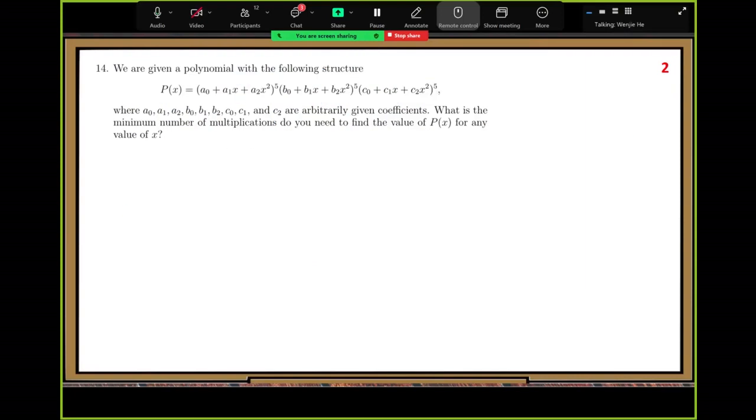Next question. Our starting point is the previous question, so we do not need to do things from scratch. Let's write this polynomial function as a0 plus a1x plus a2x squared.